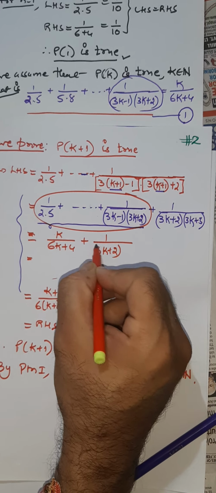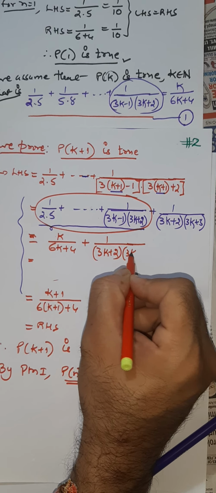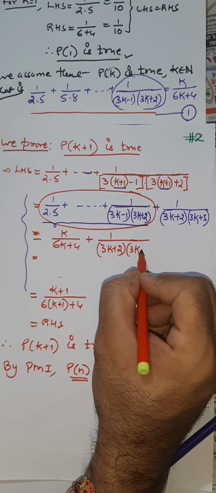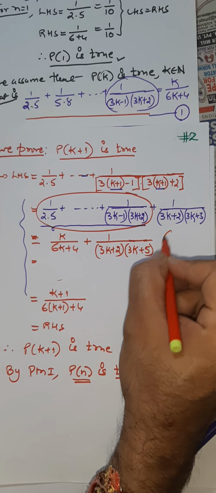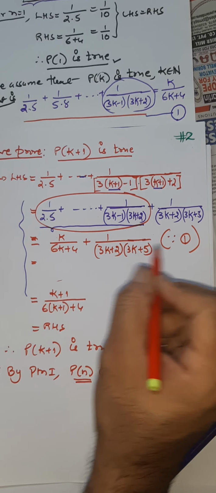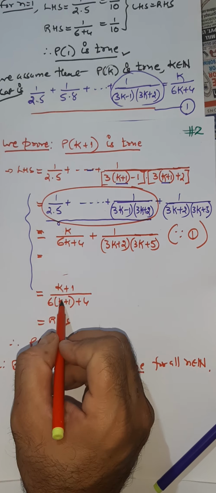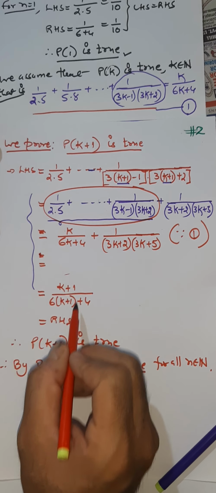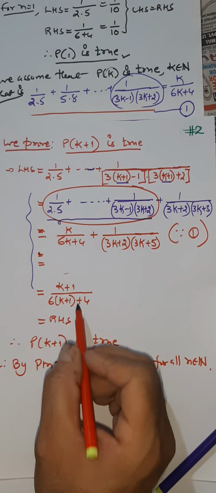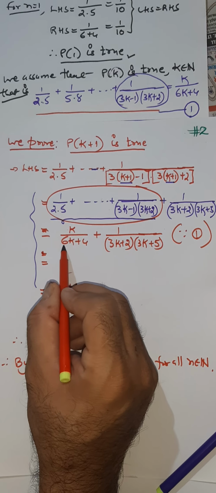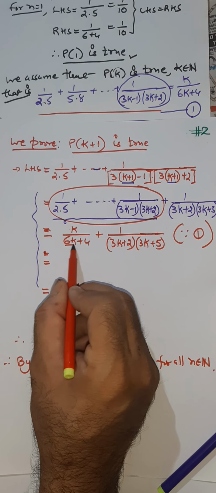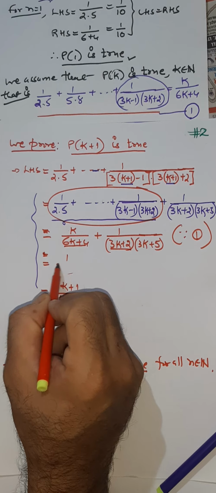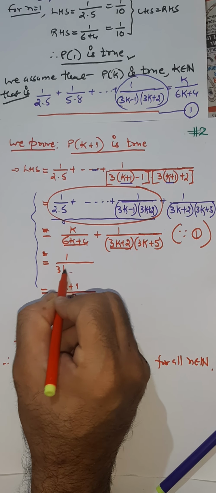Procedure is the same in all questions, you know now. 3k plus 5, you know this is because of 1. Now you simplify this, you must get this, remember. So I'm simplifying. What you can do is, you can see here, if you find 2 common, then these 2 factors are the same. So I'm taking this much common, 3k plus 2.